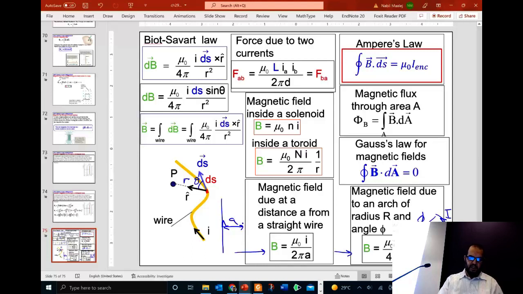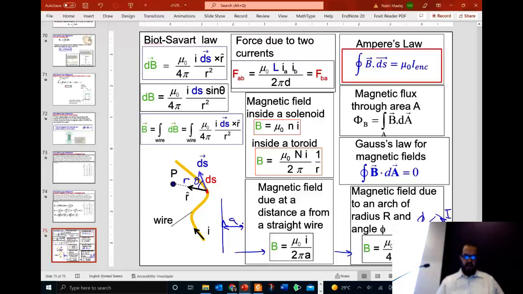We derived the force: mu0 times the length of the wire L, times the current I1 through the first wire, times the current I2 through the second wire, divided by 2 pi times the distance between the two wires. So again, wires conducting current attract or repel each other according to the direction of the current.